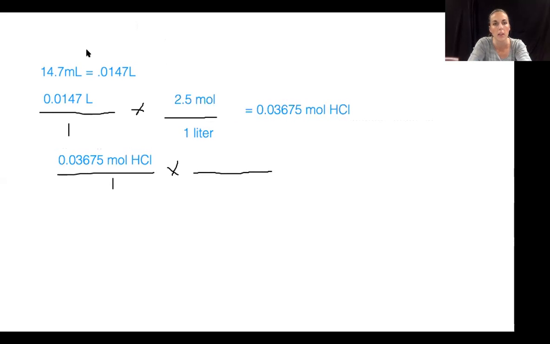And they're both 1. So really, if you would like to skip this step, you can. Because you have 1 mole of KOH and you have 1 mole of HCl. So you're going to end up with the same number, 0.03675, and that's moles of KOH.